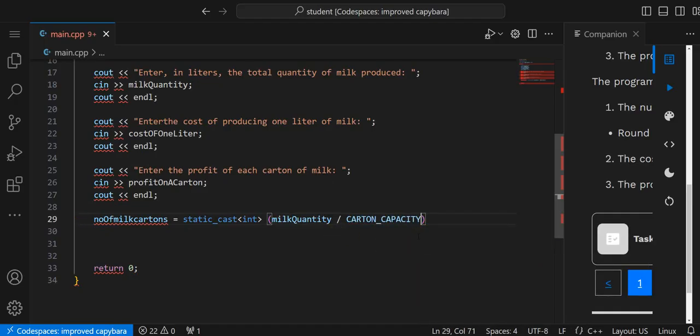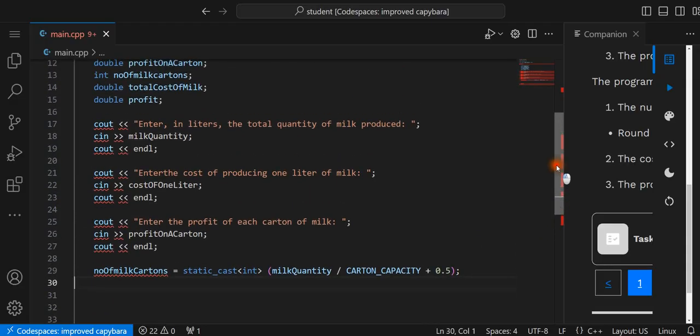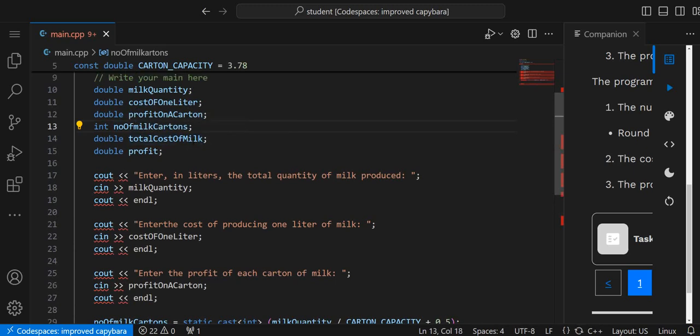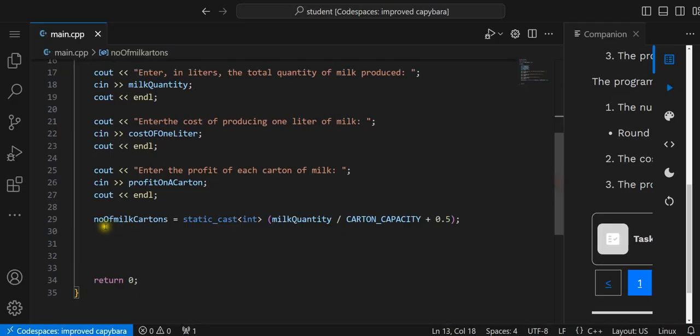These are constant, and plus 0.5. And we have that and semicolon. Cartons. Number of milk cartons. So, I did camel case my variable wrong. I cleared up everything. I knew I'd find it.